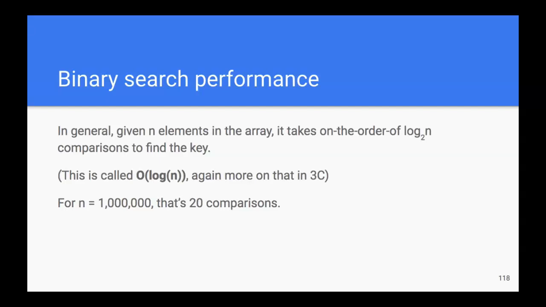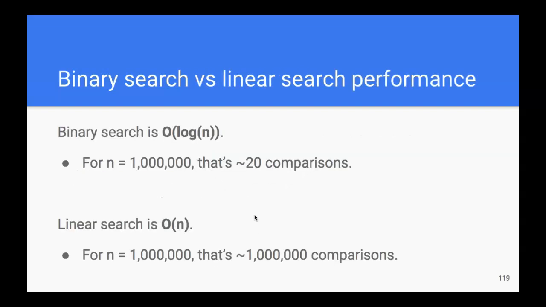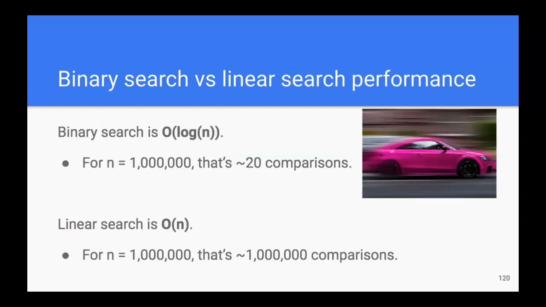Compared to, if you remember, for linear search, it's 500,000 on average. This is only 20 comparisons on average. So it is a lot faster. So binary search is really a lot faster than linear search.